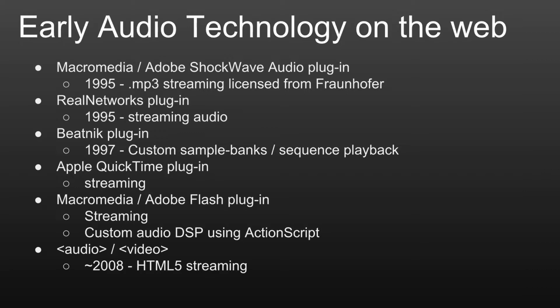Apple had the QuickTime plugin. Macromedia, which was bought by Adobe, had the Flash plugin where you could do streaming and actually some custom audio DSP using ActionScript, a language kind of vaguely similar to JavaScript.